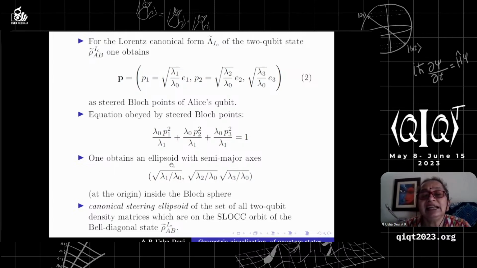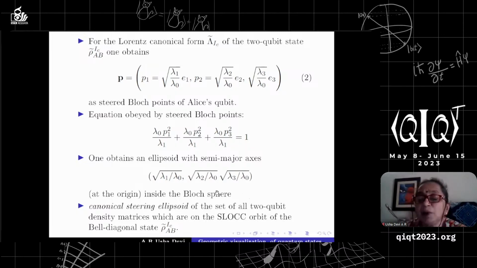And what is an ellipsoid? It has semi-major axes, so in other words, three major axes. They are given by lambda 1 by lambda naught, lambda 2 by lambda naught, and lambda 3 by lambda naught. So this is at the origin of the Bloch sphere.